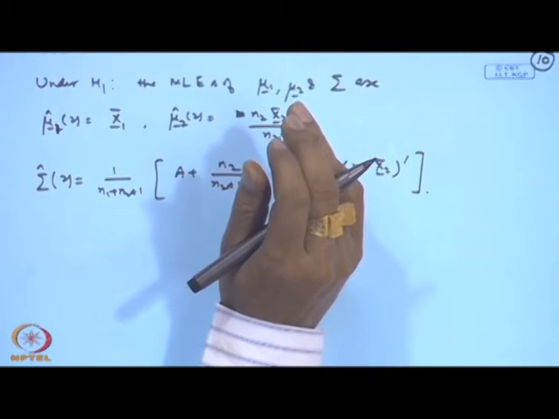Now, in the density function you have in the denominator the determinant of sigma. So, the determinant of sigma term that is coming there will appear, and since the estimates are sigma hat 1 and sigma hat 2, they will appear here and the power will become n 1 plus n 2 plus 1 by 2.